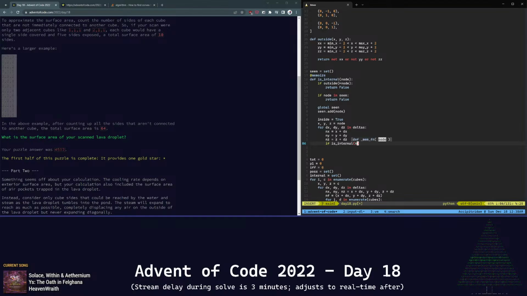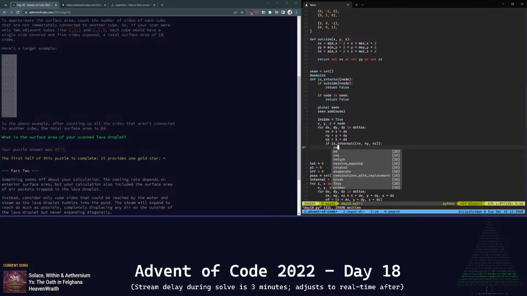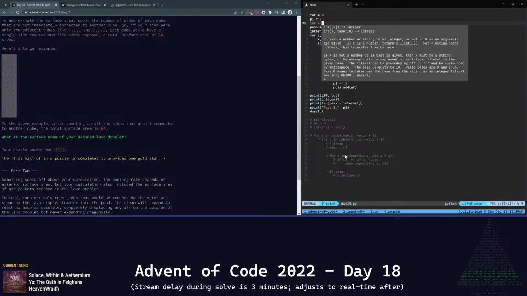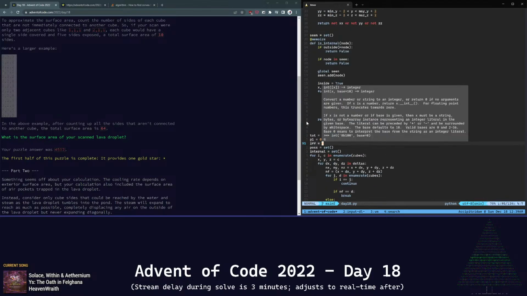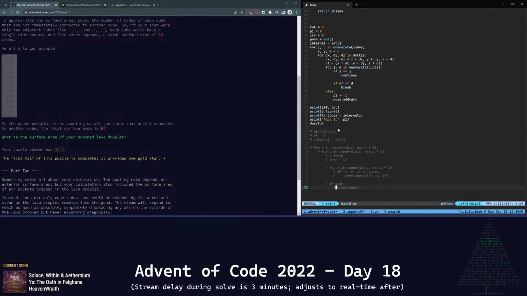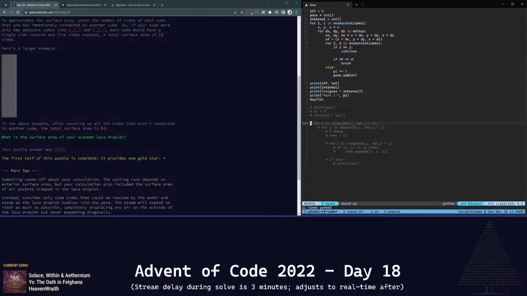If X and Y and Z. So they all have to be... If any of them are internal, then it becomes false, right? And then... this back now.